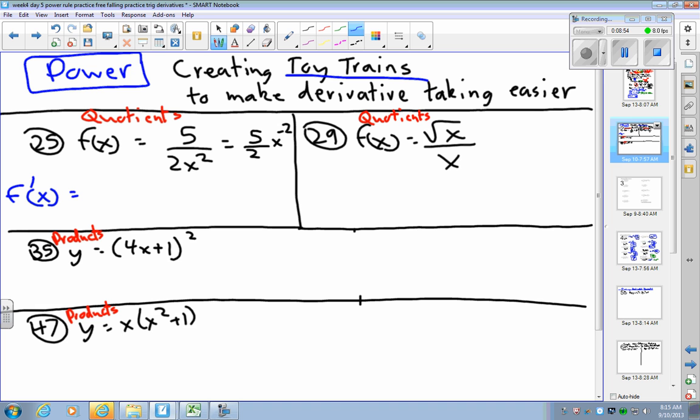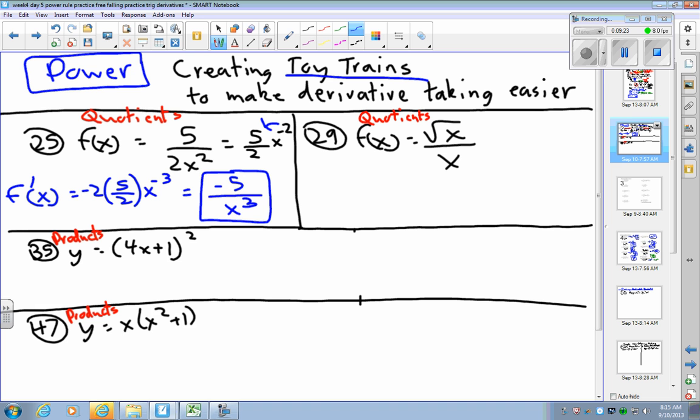That negative 2 falls down, and I get negative 2 times 5 halves times x to the negative 3, because that negative 2 fell down, making that exponent negative 3. And simplifying and moving the exponent back down, I get negative 5, because the 2's cancel, over x cubed.